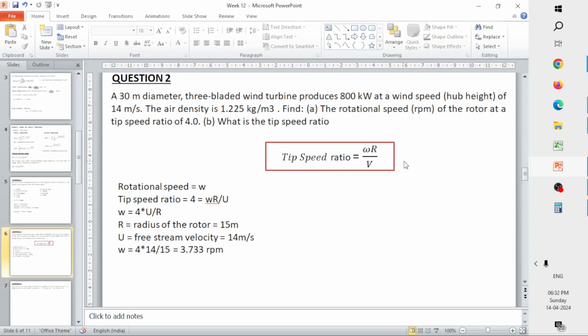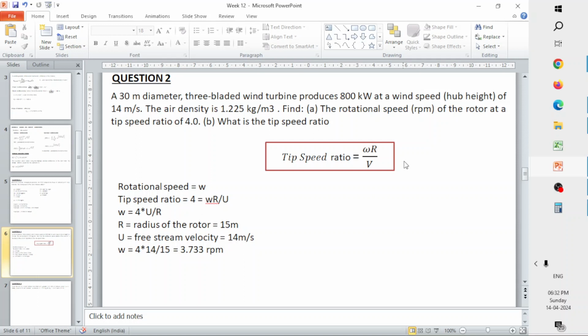In that case, how will you calculate the tip speed ratio? You cannot take that omega as 3.733, because that is confined to problem A. So here we are just asking you to calculate the tip speed ratio. So in this case, how do you calculate?